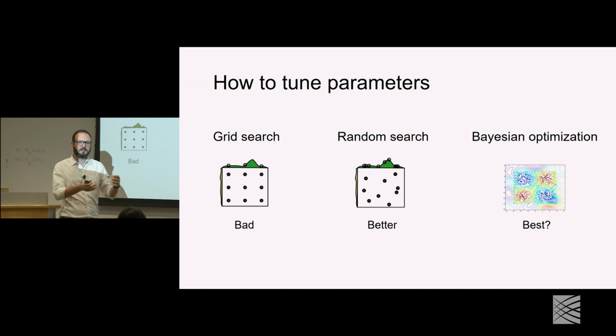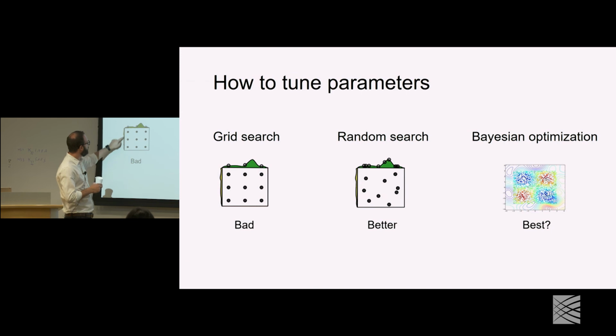If you look at data set A, parameter A may be relevant. If you look at data set B, parameter B might be relevant. So they show this example where the loss function doesn't react to changes in this parameter. You see it's pretty much flat. And it reacts to changes in this parameter, so it's not flat. When you grid them, you see that of the interesting hyperparameter, you evaluate only these 3 points.